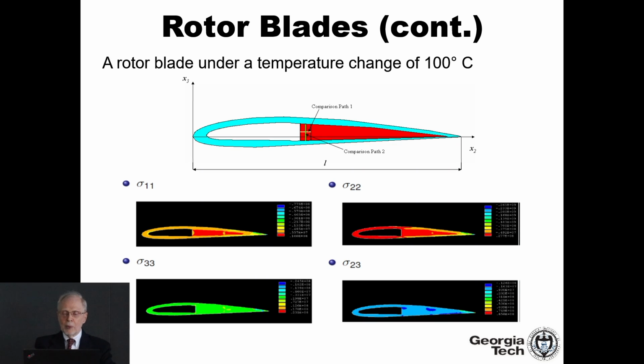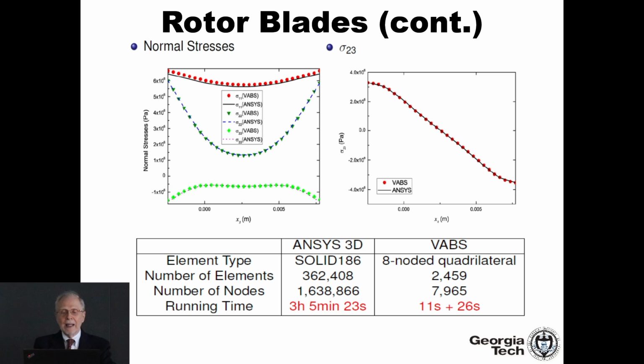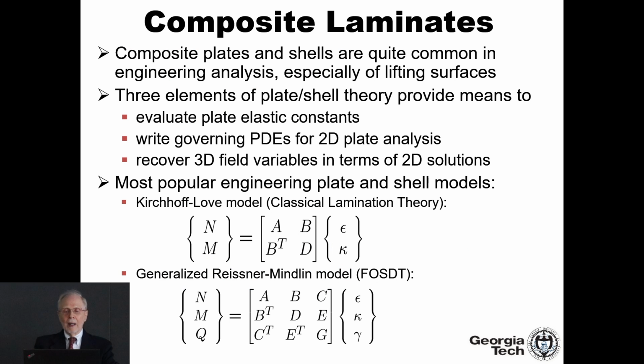And then we've changed the ambient temperature and looked at the stresses induced, and it is almost impossible to tell the difference between results obtained from VABS and results obtained from a 3D analysis. And here are some stresses displayed through the thickness.